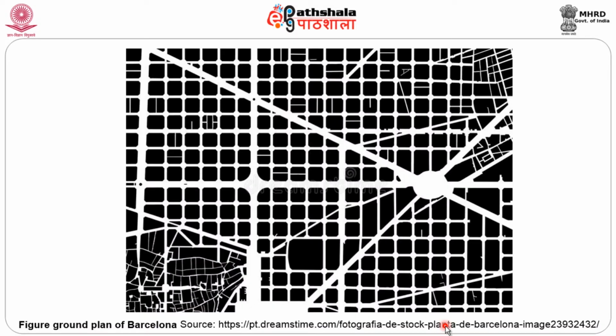So, if you see this map, this is a figure ground plan of a very old city in Barcelona. It is evident that it is basically a white and black map. The figure ground map is also referred to as a black and white map, wherein the black is nothing but the built areas and the white is nothing but the open spaces.